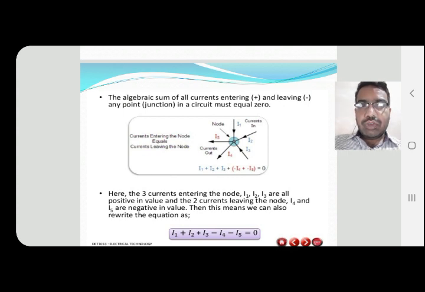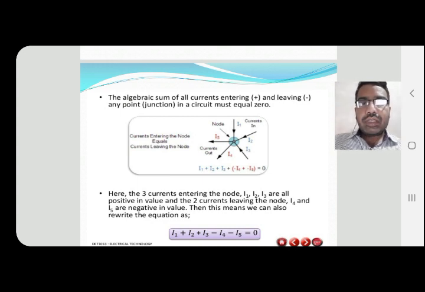We have written plus because they are entering the junction. Then minus I4 minus I5 equal to 0. I4 and I5 are leaving the junction, so they are shown with the negative sign. That totally equals 0.